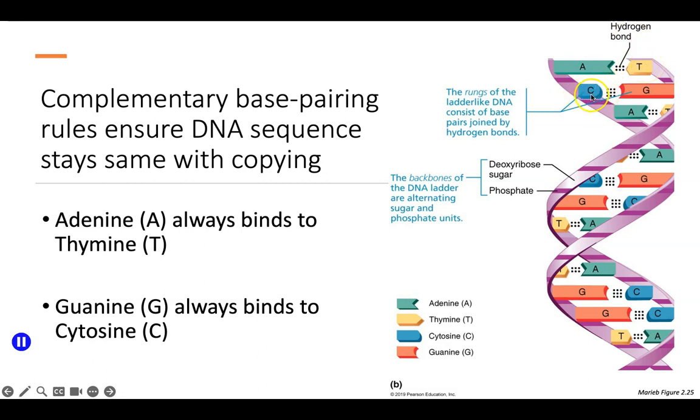Similarly, if you find a C on one strand, you'll always find it paired with a G. So A always pairs with T, and G always pairs with C. And in this way, you can ensure that whenever you copy the DNA, that the copies remain as close to the original as possible. So the hope would be, as you copy it, you're always adding the correct complementary base to the strand. So you'll always add a T where you find an A, you'll always add a G wherever you find a C.